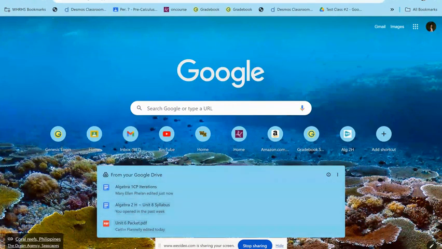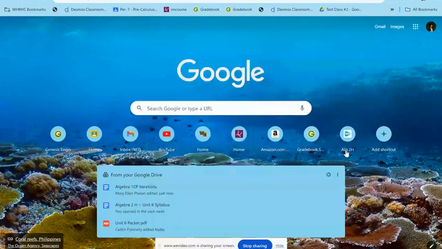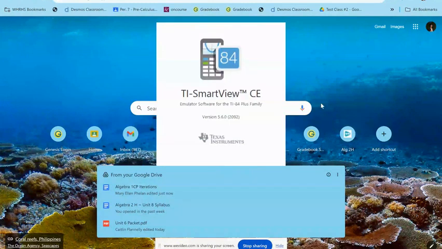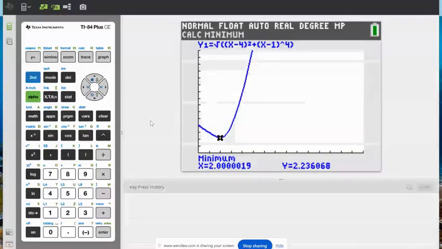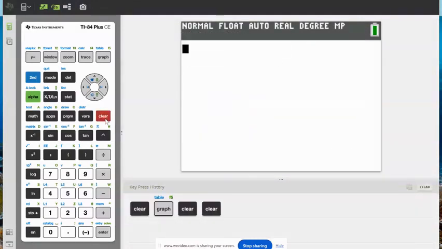Where's my calculator? There it is. All right, we're not graphing, so we don't need that.